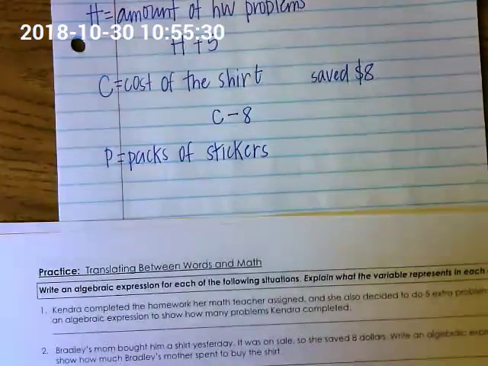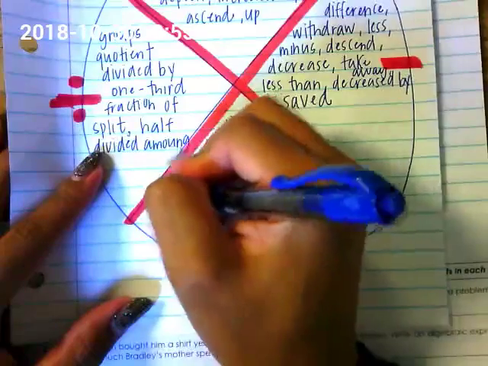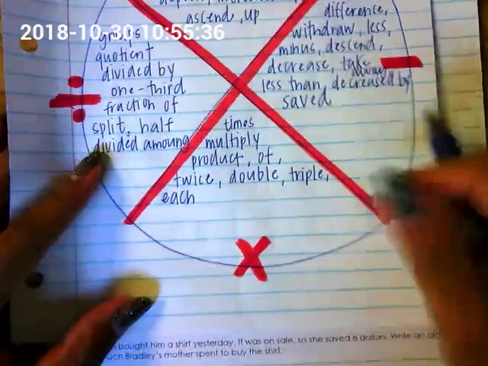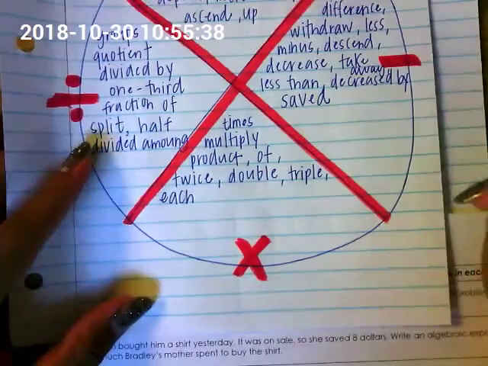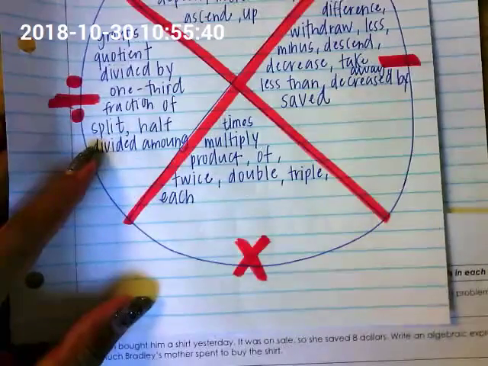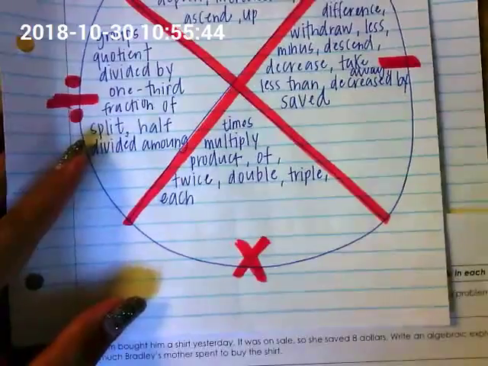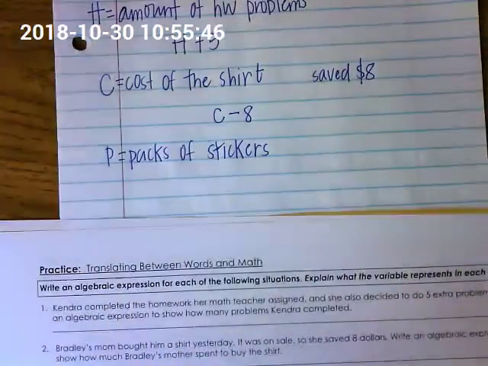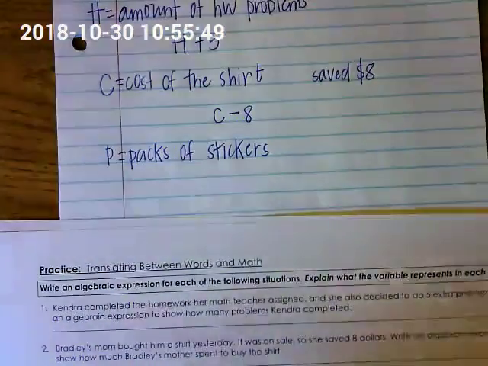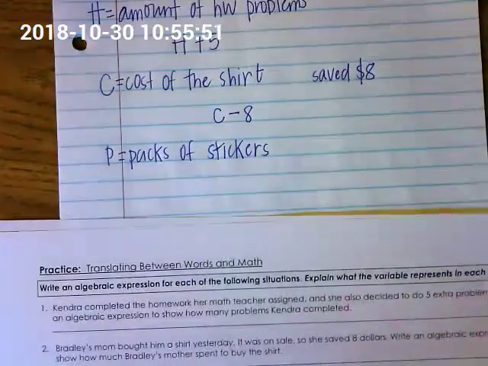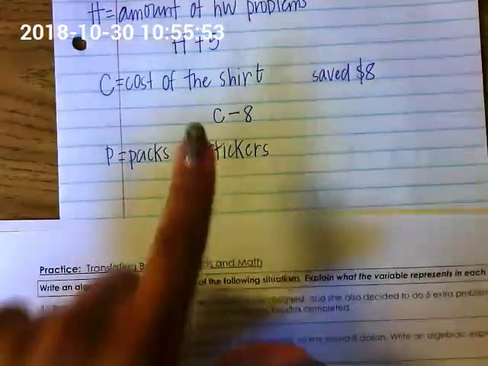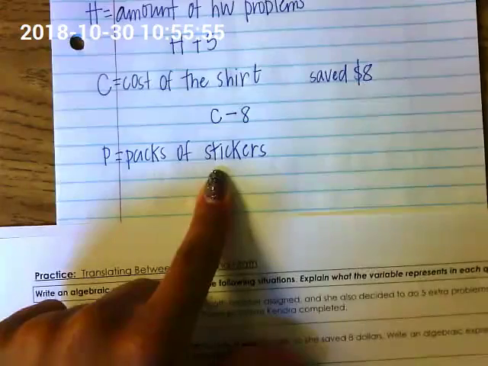And this is another word we can add to our list. Each. Each is a really good word for multiplication. Each bag has this. Each tray has this. 25 cents each. All right. So P is for a pack of stickers.